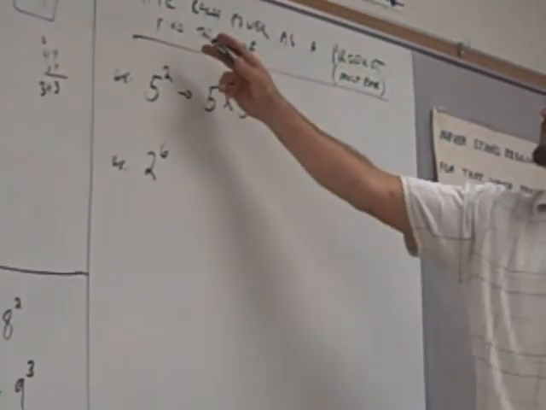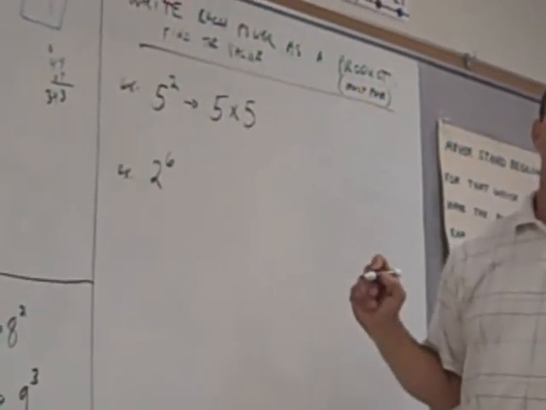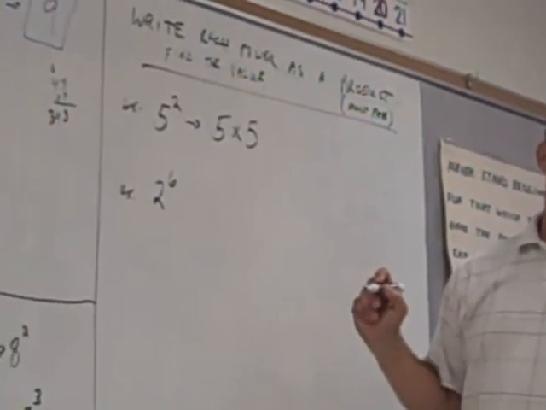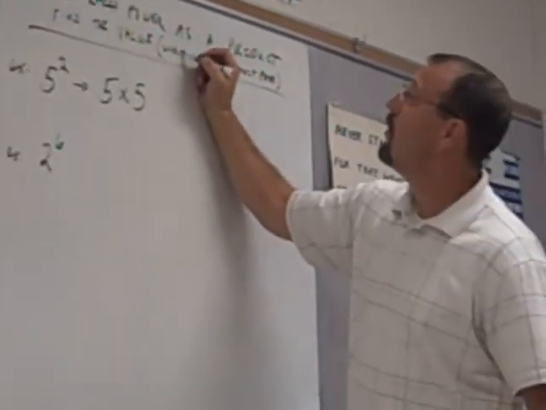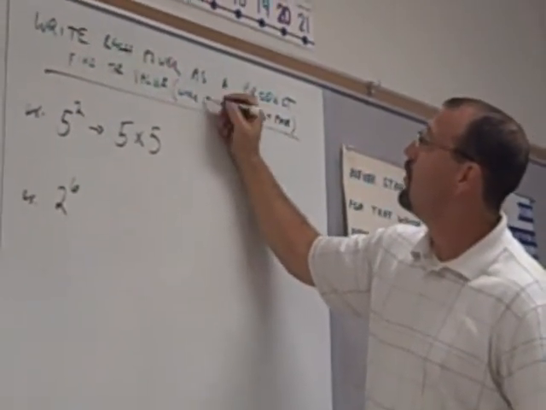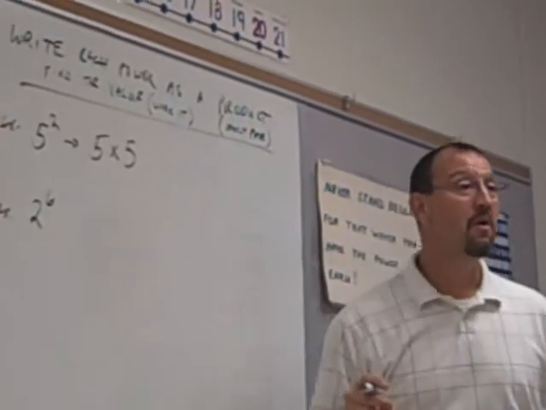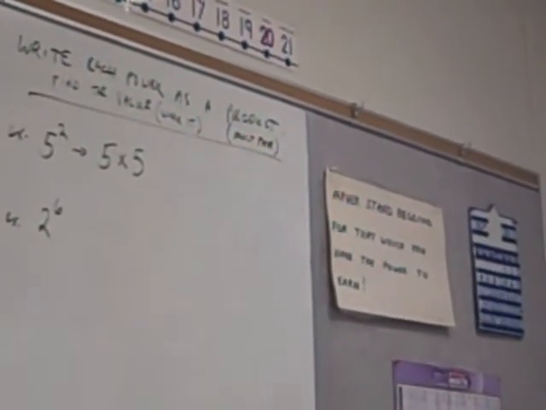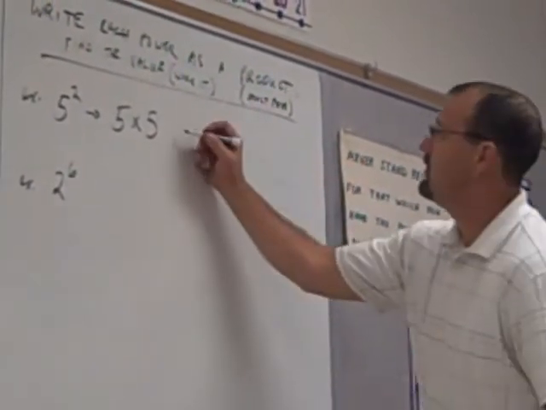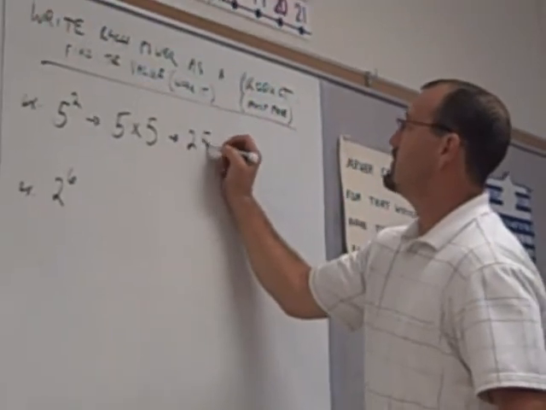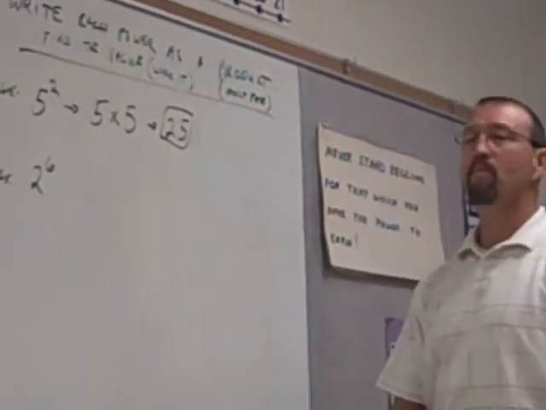And what does it mean to find the value? Find the value is a fancy word for work it out. Get an answer. What's 5 times 5? 25. Is this hard? Nope.